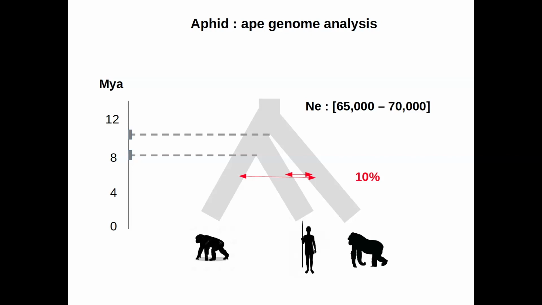The speciations are estimated to have happened respectively 8 and 10 million years ago, which is, again, plausible given what we know of the fossils. And APHID predicts that roughly 10% of the genome was introgressed between gorilla and the human-chimpanzee ancestor shortly after the human-chimp split. That's the estimation.